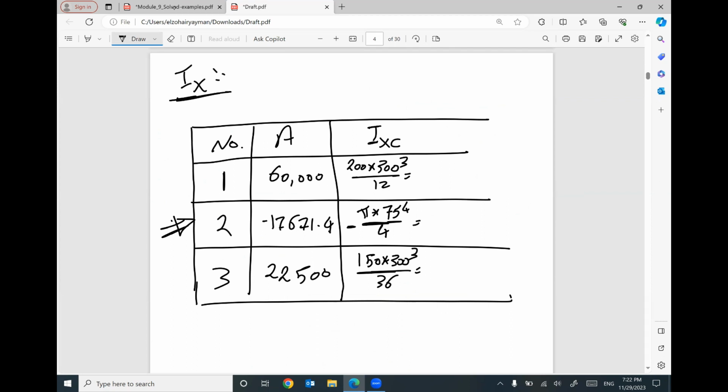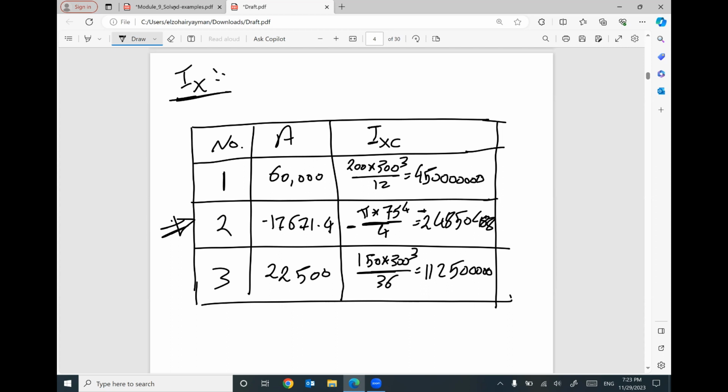So 200 times 300 cubed divided by 12 gives a huge number. By pi times radius to the power 4 divided by 4, I got negative 24,850,488. 150 times 300 to the power 3 divided by 36, I got 1,125,000.